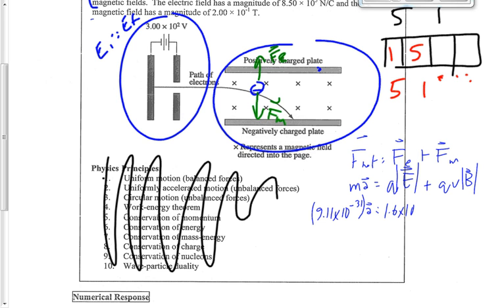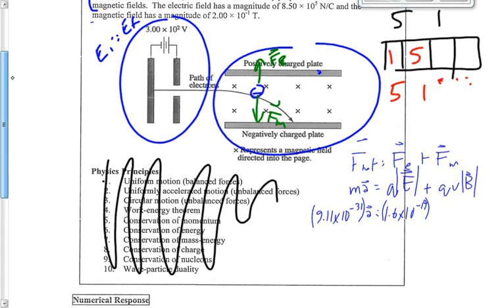Charge. And that's positive, right? When you write the force, positive, you can see that. What's QV? 1.6 times 10 to the something, times speed.